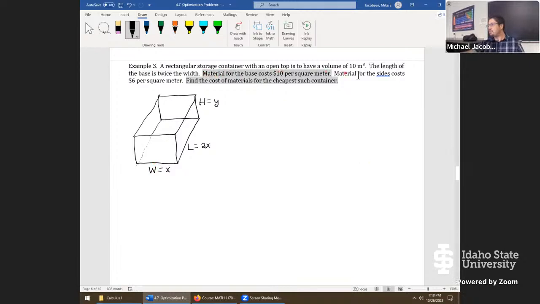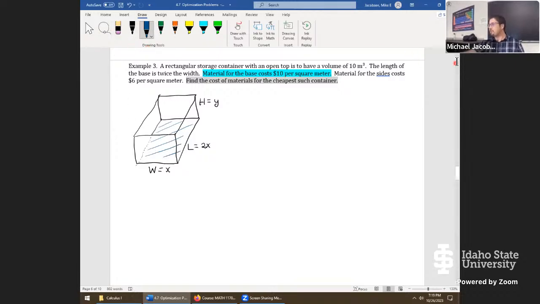And now there's costs of materials. We should look into those costs since we need to put that together to get a cost function. Let's focus on this right here. To start out, it says the material for the base costs $10 per square meter. When it's referring to the base, we're thinking of down here. I'm not too sure if this damages the drawing, but this is what we're thinking of for base.